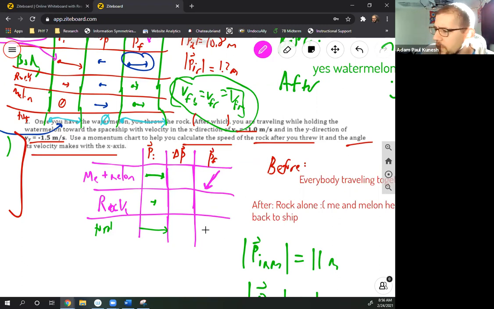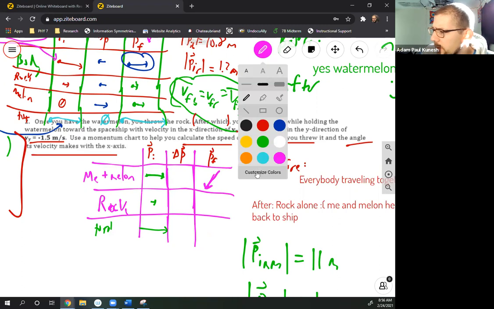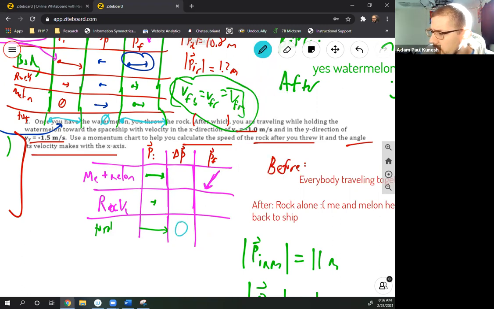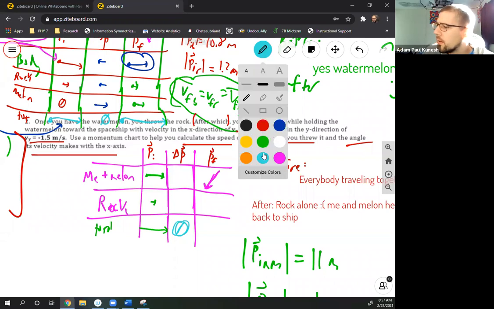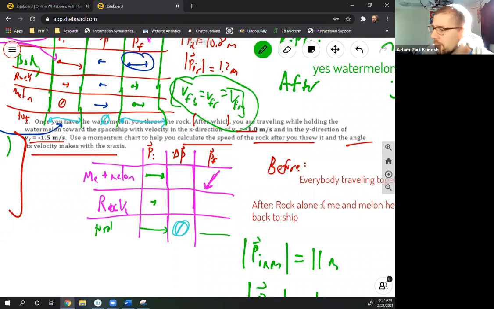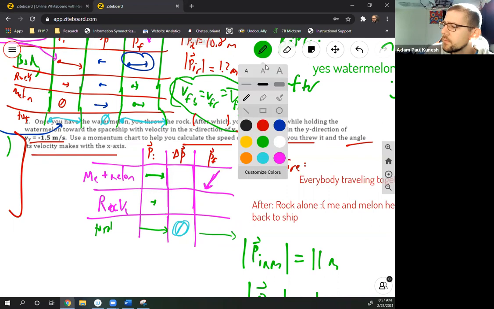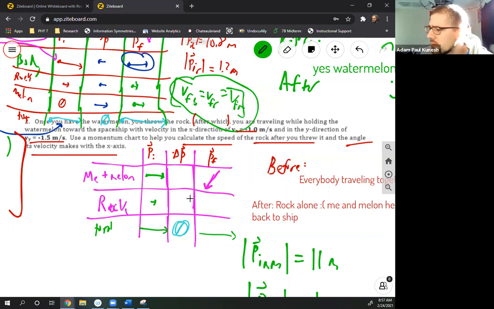So let's fill in the lower part of our chart first. We're still out in space. There's still no net forces on us, no net forces that are non-negligible. So my final momentum is going to be the same, which means that my change in momentum becomes the part that is constrained.